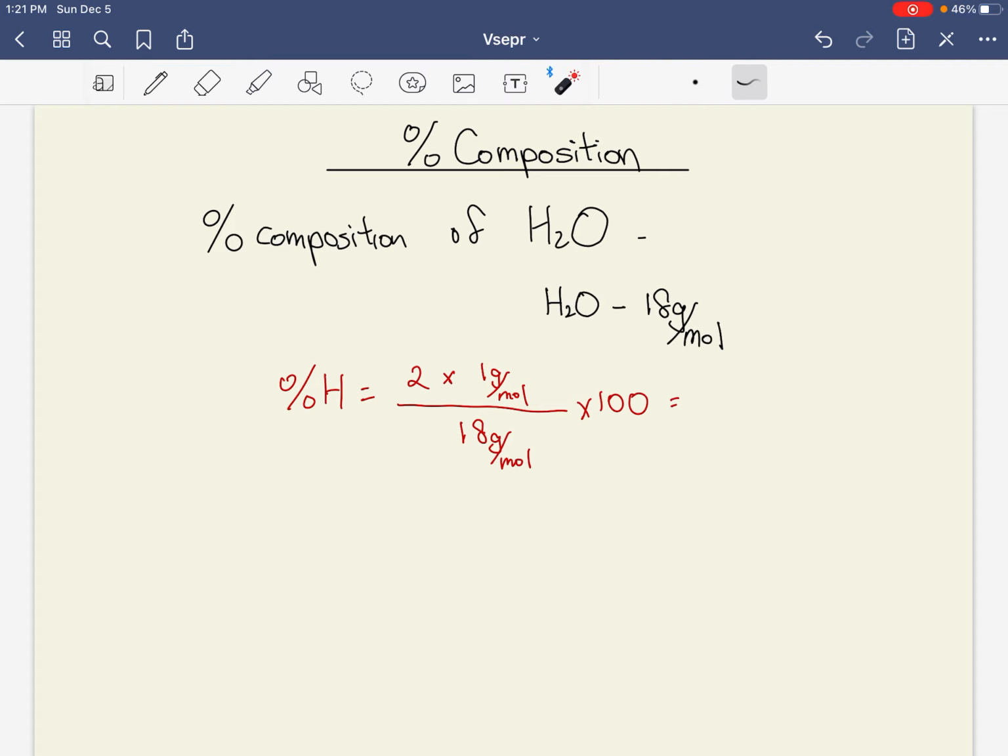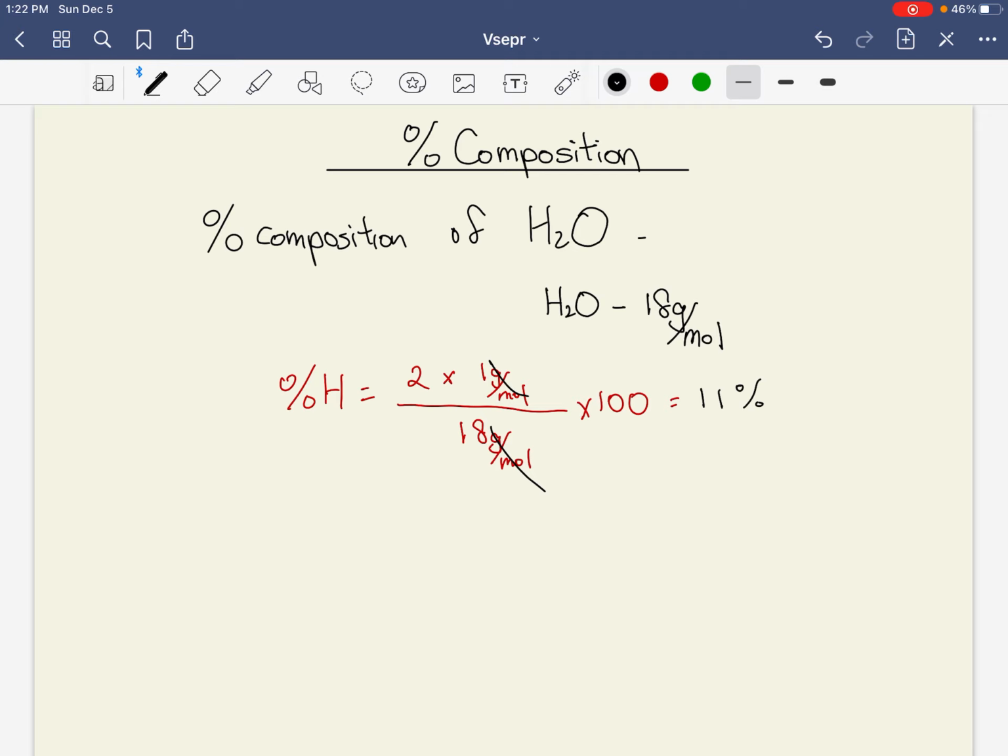Here the grams per mole and grams per mole cancel, so what you really have is 2 divided by 18 times 100, and you're looking at 11%.